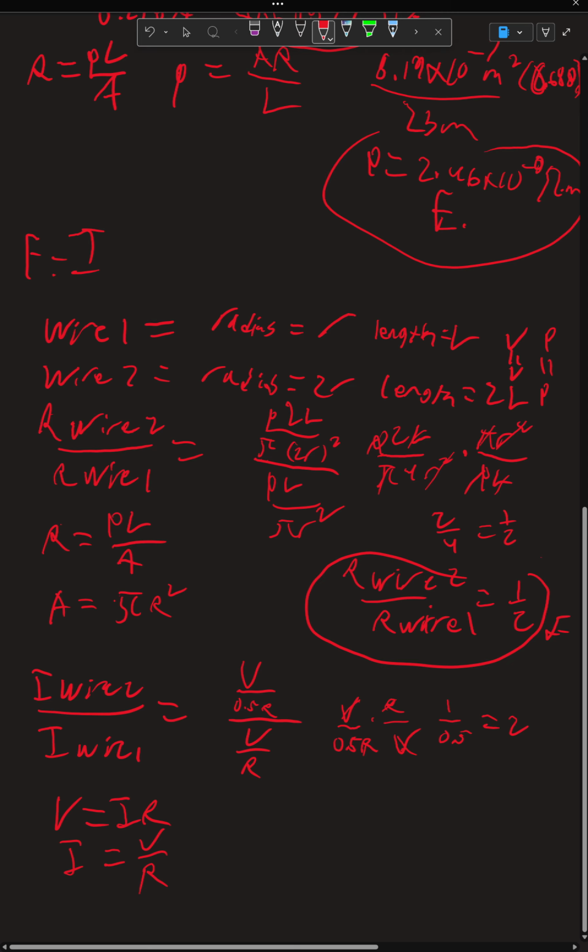So the ratio for the current from wire 2 over wire 1 is going to be 2. I wire 2 over I wire 1 equals 2. That was part G.